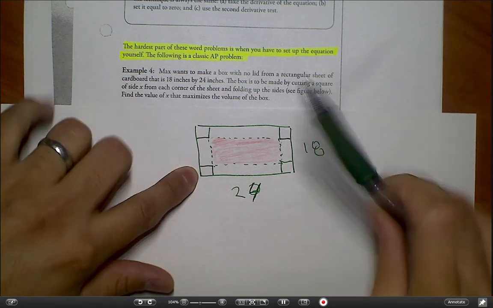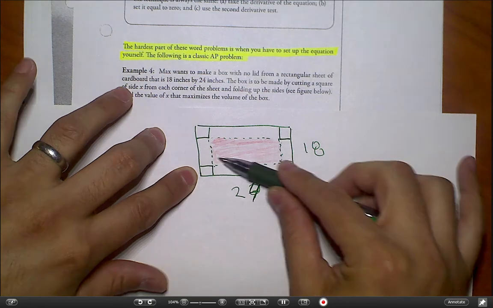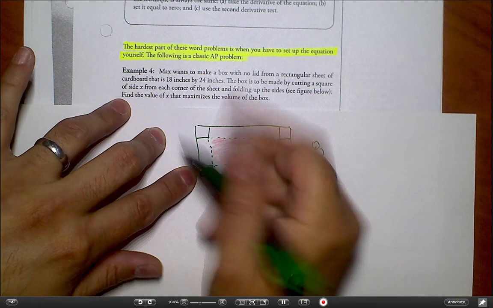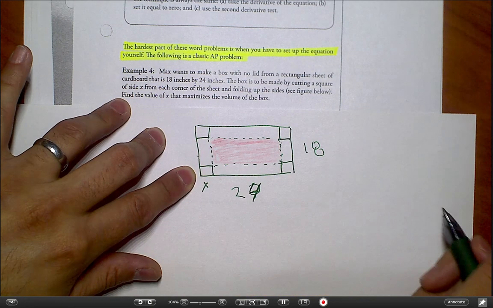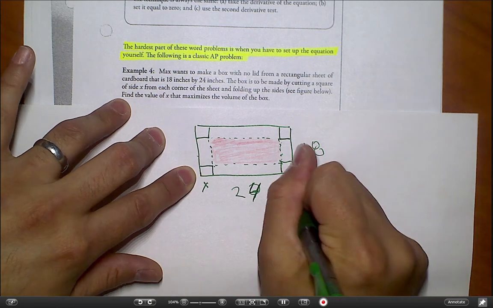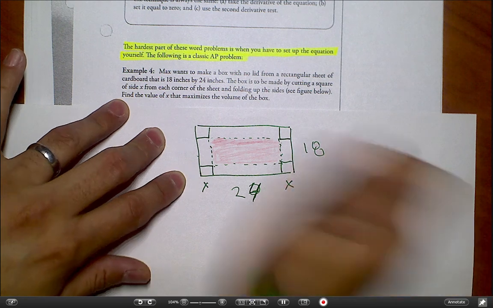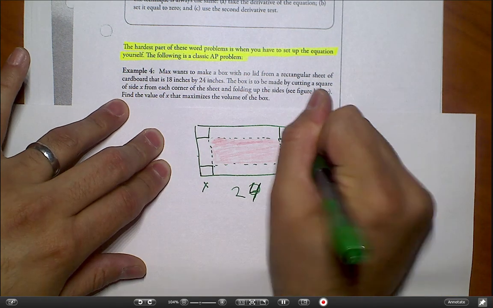So now, I want you guys to pay close attention. What I did is I cut off this value of x, and I also cut off this value of x. Same thing goes for here, x and x.